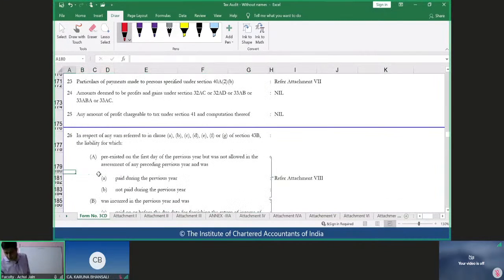Moving on to the next clause, number 23. Particulars of payments made to persons specified under section 40A(2)(b). Now this is talking about the specified persons. Who are the specified persons? In very simple terms, if we have to relate these specified persons, then we need to refer to the related parties.